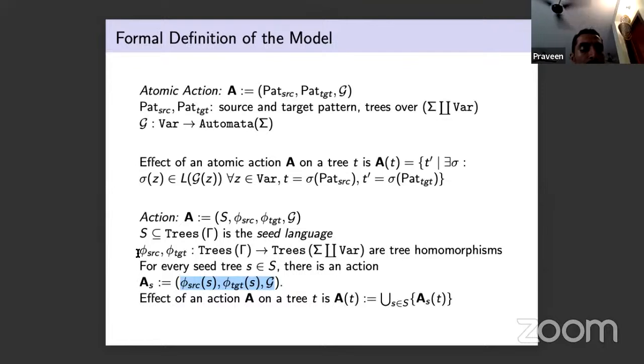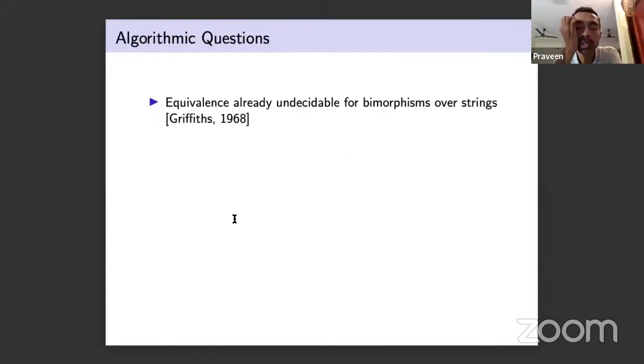Right. So in particular, if you set this phi source and phi target to be the identity morphism, then this whole action is nothing but the transduction represented by the bimorphism, phi source and phi target. Okay. So this is our model, and we study decision problems about this model.